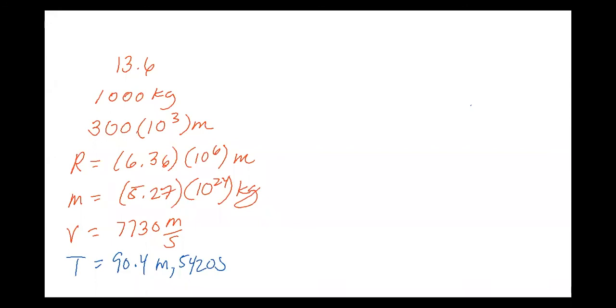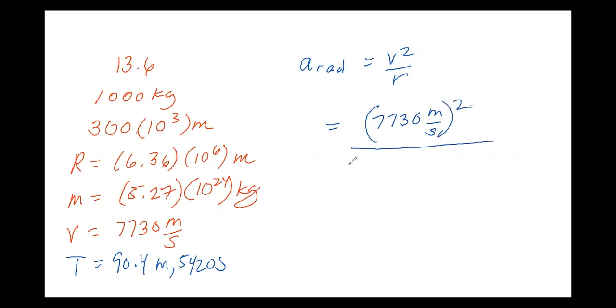All right, now we want to find the radial acceleration, and a radial is defined as v squared over r. So what we're going to have here is 7730 meters per second, quantity squared, divided by r, which is 6.36 times 10 to the 6 meters plus 3 times 10 to the 5th meters.